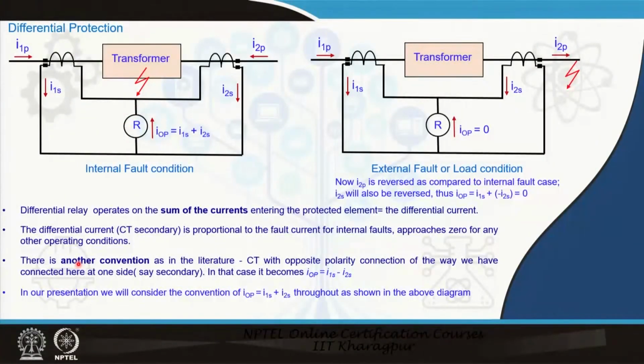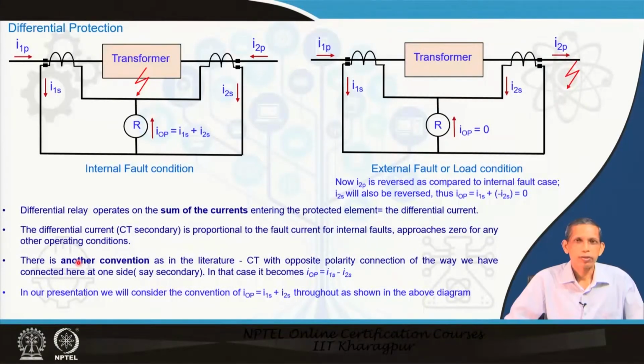So, in the last lecture we discussed the differential protection and how the corresponding differential current is being processed in the protection scheme. If you remember, if this is the transformer, we have CTs on the primary side.